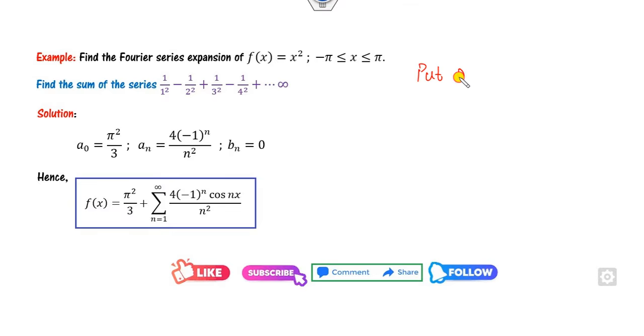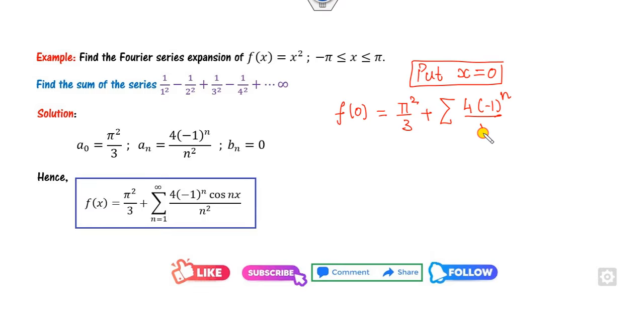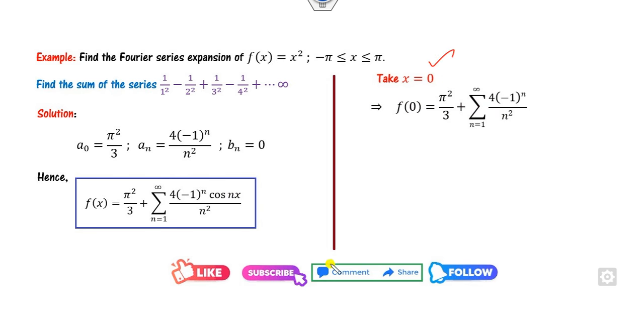So I can substitute x is 0. Now if you substitute x is 0, this value will be f of 0. This is pi square over 3 plus summation 4 minus 1 raised to power n over n square, because cos 0 is 1. Fine.